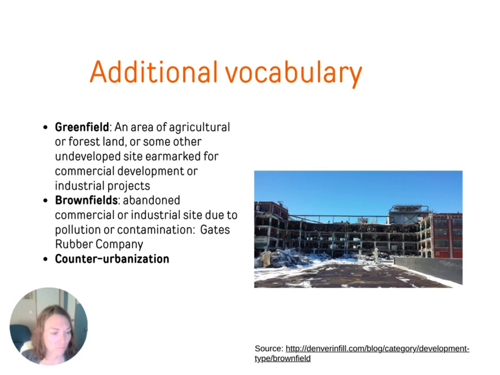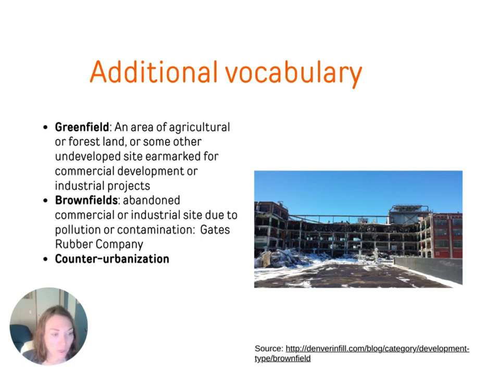Finally, just some extra vocabulary for you here. Greenfields are areas of agricultural or forest land, basically undeveloped land, and it is really protected. And brownfields are abandoned commercial or industrial sites due to pollution or contamination. They're really ugly.